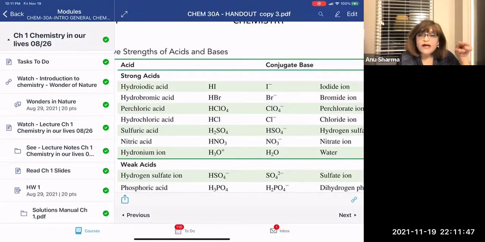So hydronium ion, H3O, 3 hydrogens, like a lot of hydrogen, is acting as an acid. Water with 1 extra hydrogen acts as an acid with a +1 charge, hydronium. But the conjugate base is 1 less hydrogen ion, so water is acting as the conjugate base of the hydronium ion.